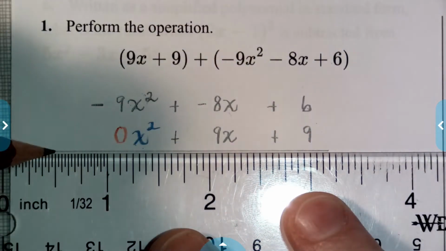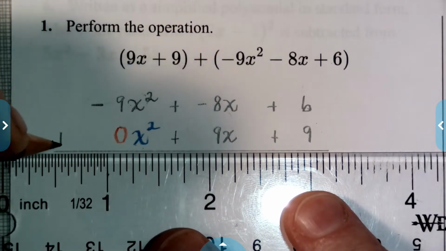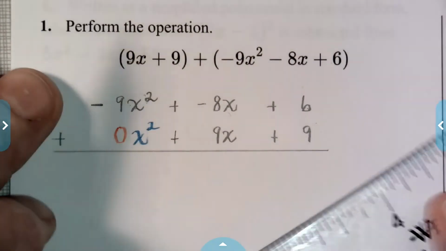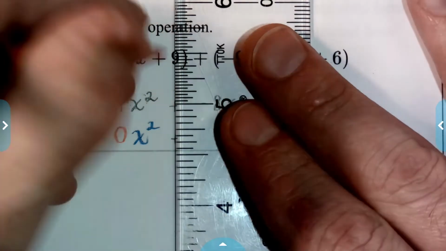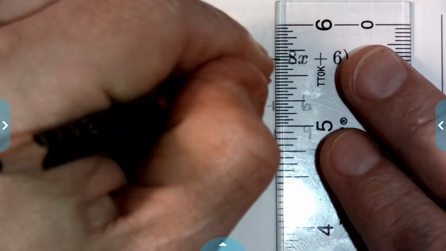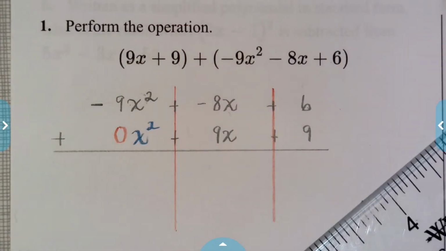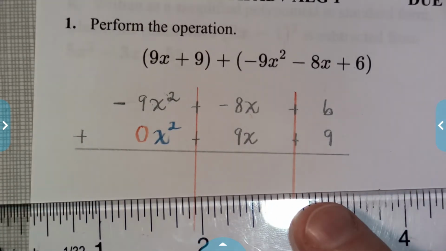Let's draw a line like we're going to add, and then put a huge plus symbol here. And now we're going to use our dividers. So I recommend dividing along those plus symbols so that you're working with columns. It makes life a lot easier, and it lessens the likelihood of a mistake.